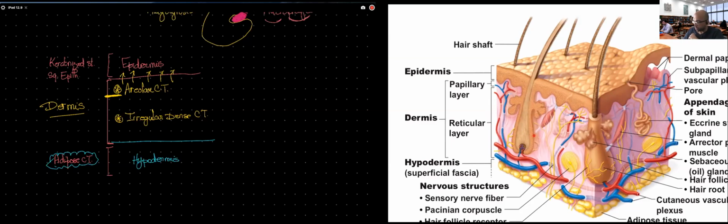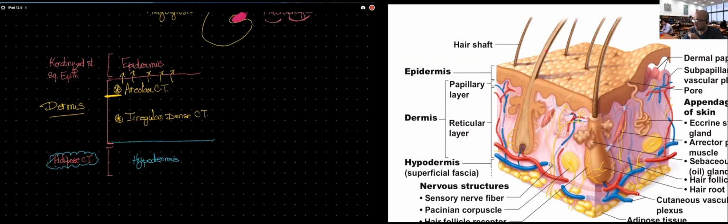You'll see that the hair follicle is going to be attached by a muscle on here. This is called my erector pili muscle, and erector pili muscle simply means the muscle responsible for the erection of the pilus.